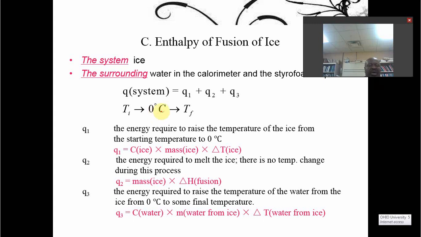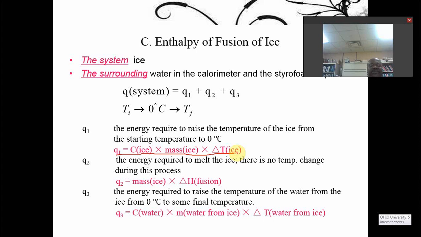Then we're going to do the enthalpy change. The delta T will be 0 to 0, because at that point we're not causing a temperature change. All the heat energy is going into the melting. And then we take that same material, now water from the ice, from 0 to the final temperature. So here's the expression for the ice from its initial temperature to 0.